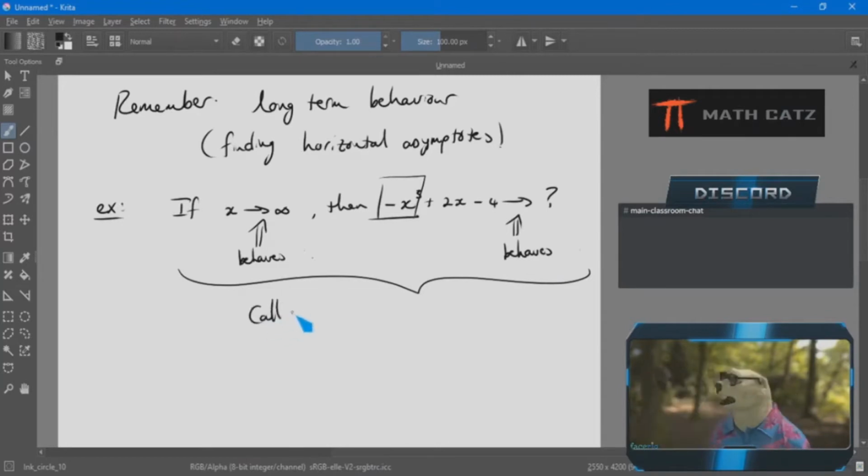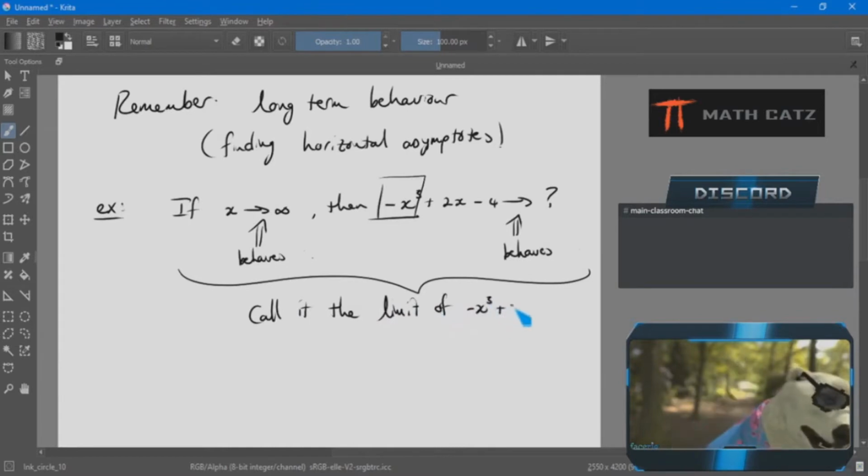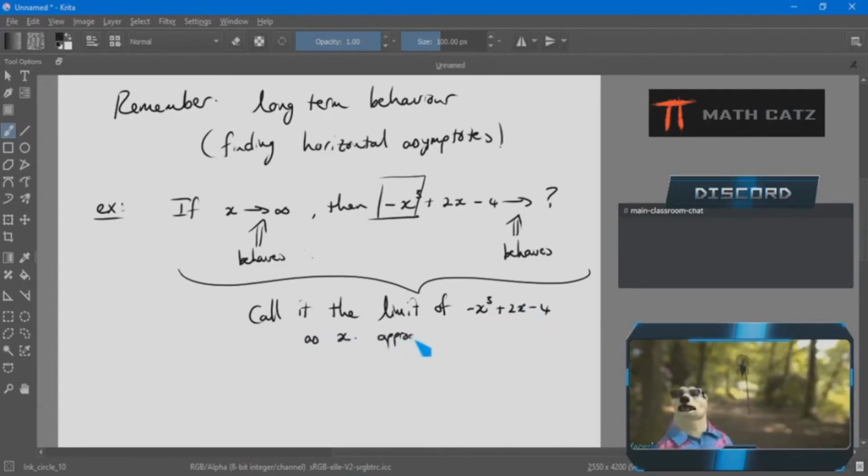We're going to call it the limit of my function, whatever that may be. And then I need to, of course, say what x is doing, as x approaches infinity in this case. And we're going to slowly look at variations.